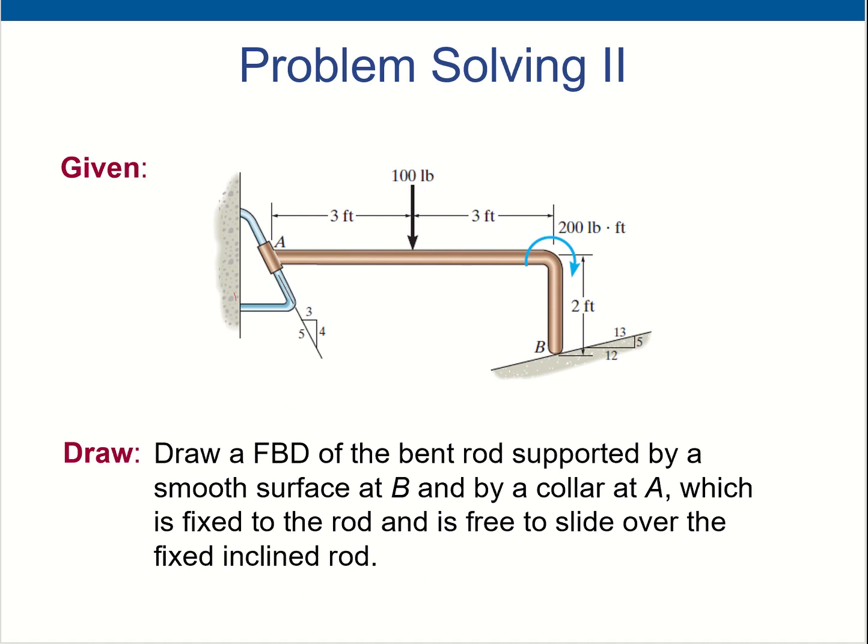From the images, I can guess that we have two support reactions and one reactive moment at A. We have a support reaction, and this one has a reactive moment.